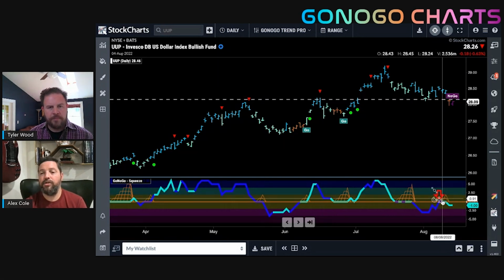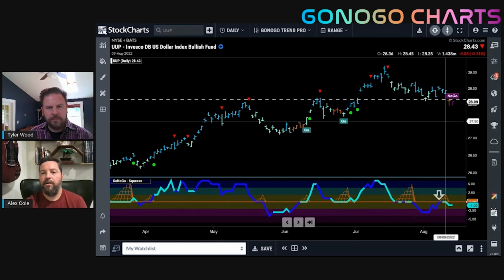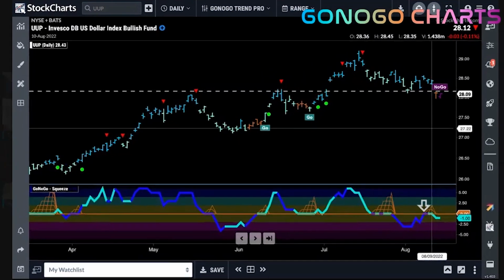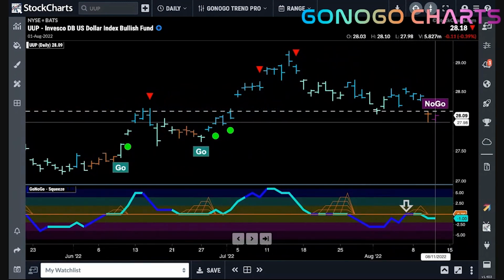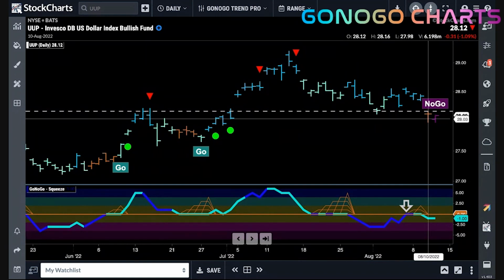And what did we see instead? We saw the oscillator get rejected by zero. We saw a doji. If you look at this candle closely, you can see that the open and the close are at very similar levels. That's a doji pattern if you look up candle analysis, which means uncertainty. So very cool to see a doji on an amber bar, right?